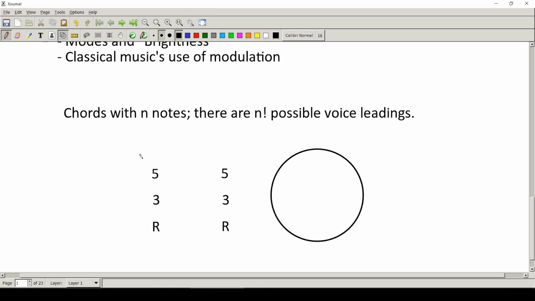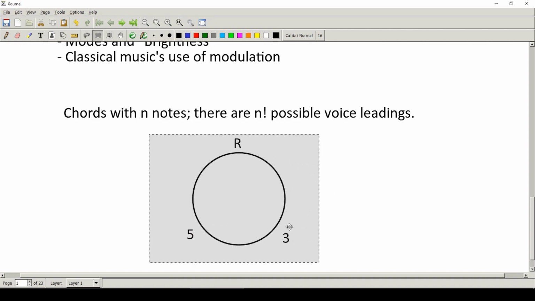So instead of just these linear stacks, let's imagine that I have a root, a third, and a fifth. And the real secret here is that it never hurts to keep things in the same order.